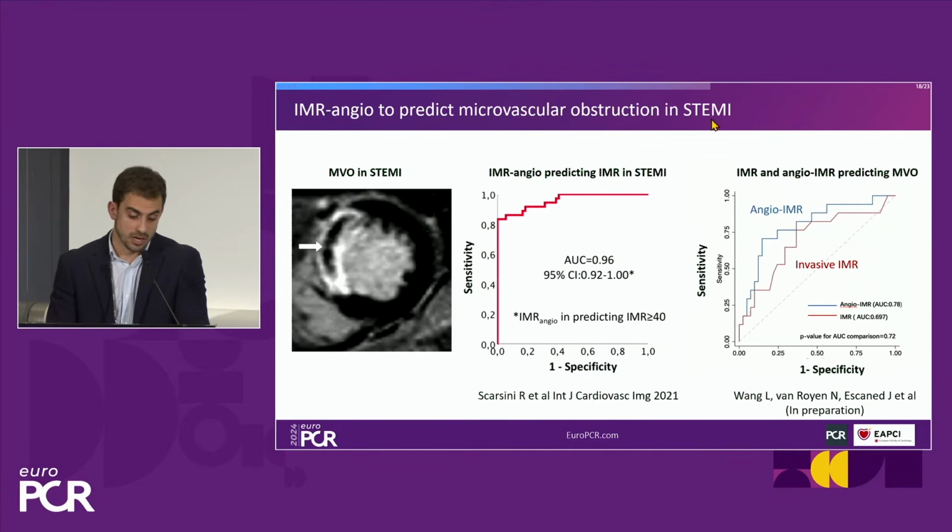As we all know, microvascular obstruction in STEMI detected by MRI is associated with bad outcomes, and there have been several approaches to the determination and validation of angio-IMR to predict this phenomenon and to predict IMR in this subset of patients, one by the group of Scarsini and also one by our group, with similar and parallel results, concluding that angio-IMR is able to predict microvascular obstruction in MRI.